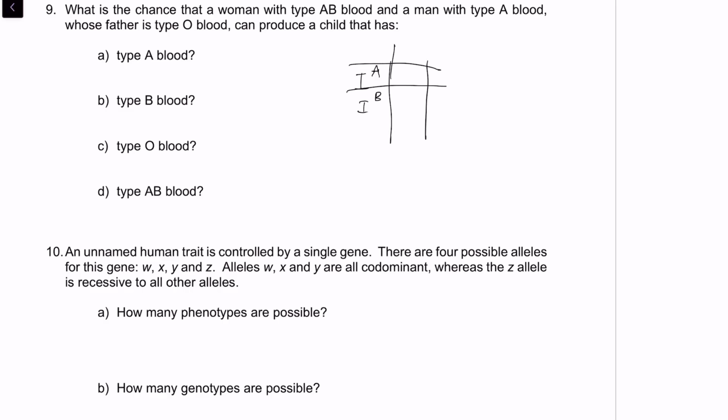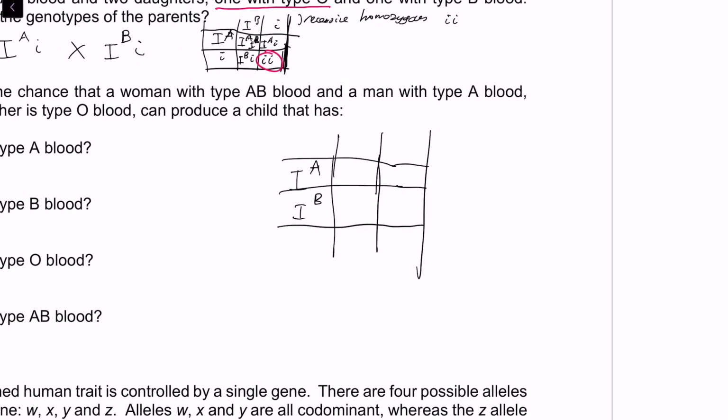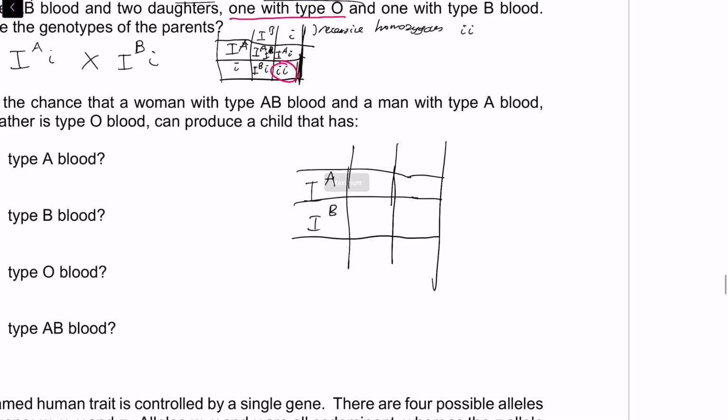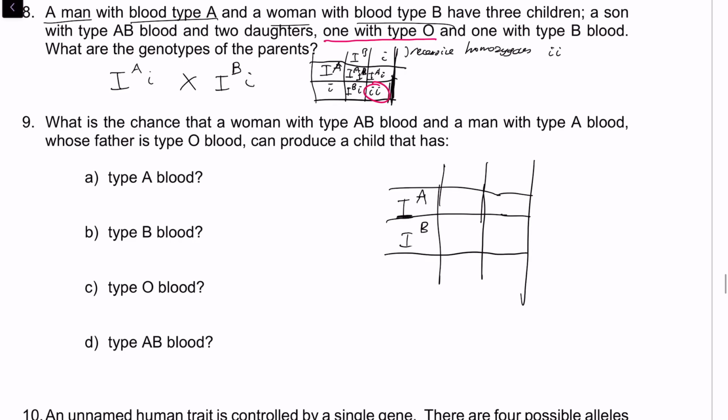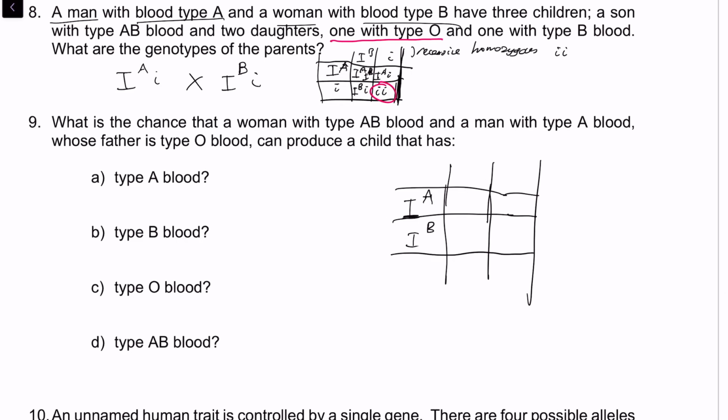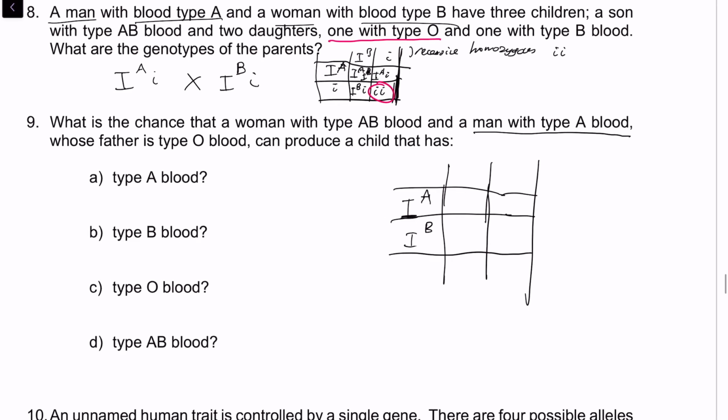All right, so hopefully you understand that now. I won't be repeating myself with the genotypes, especially since blood group can be a bit confusing. So we have the man with type A blood.